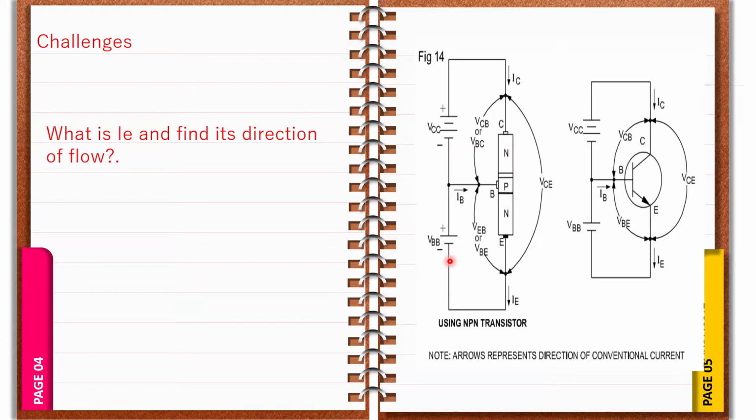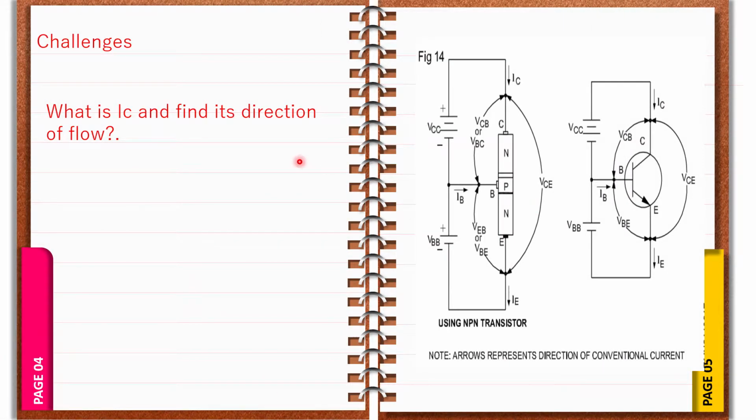In the circuit you can see that the emitter current is exiting from the emitter terminal and entering into the VBB minus terminal. Okay, this is clear.